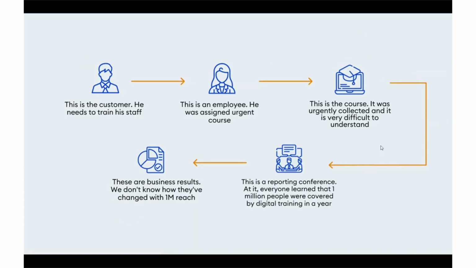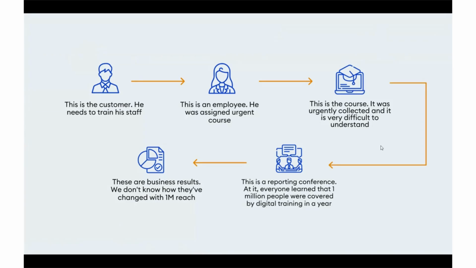Now, let's imagine that we attended a conference or a meeting where we meet each other and find out that a certain number of people, let's say a million, a billion, or just 1,000, have been served by using digital learning this year. And as a result, there are business results, which in most cases we are not aware of.